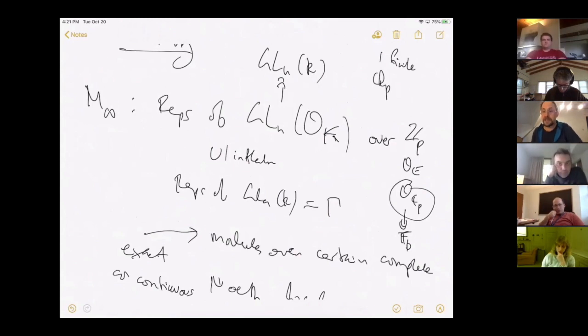I mean, just restricting this functor to GL_n(k) representations is already kind of interesting and worthwhile.